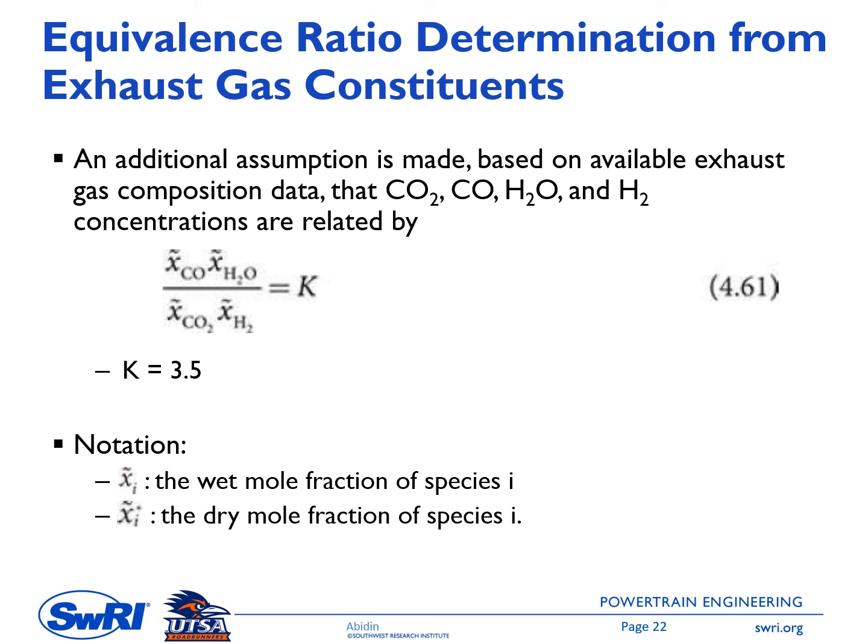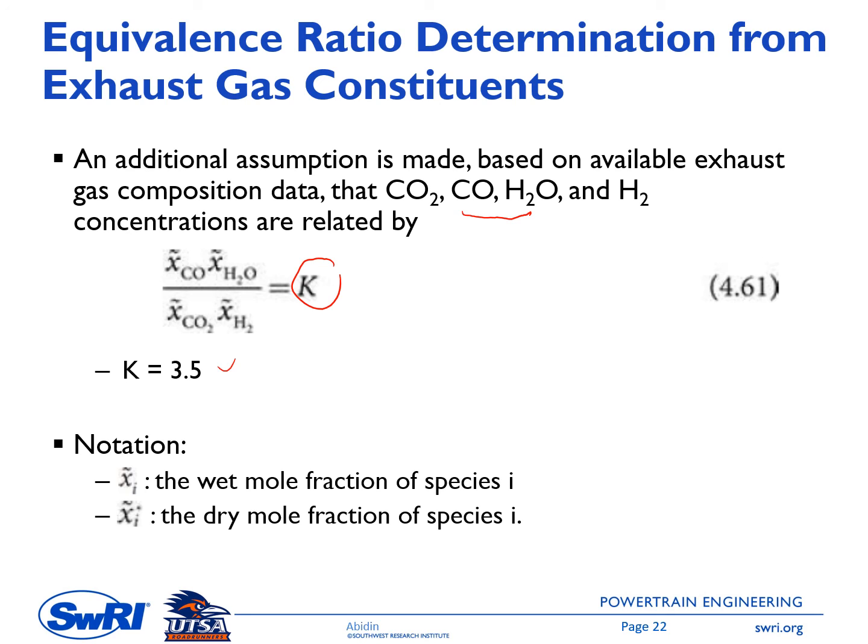And then we get one more equation from the water-gas shift reaction. So this is the reaction of CO2 and H2, and the product is CO and water vapor. So we got equation 4.61 for the equilibrium constant, and in this case we use 3.5, and you will see that the impact of K here is minor. So if you use 3.8, it will have a minor impact to the result of phi.